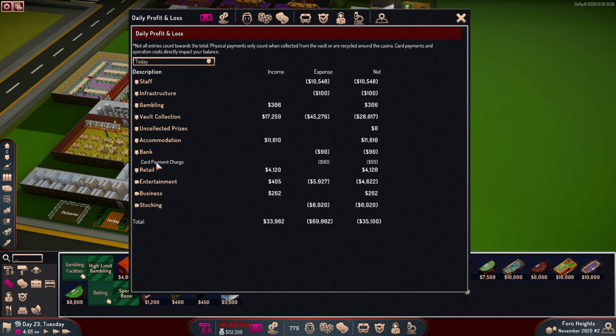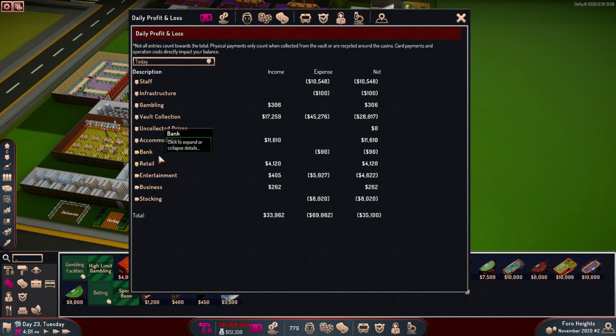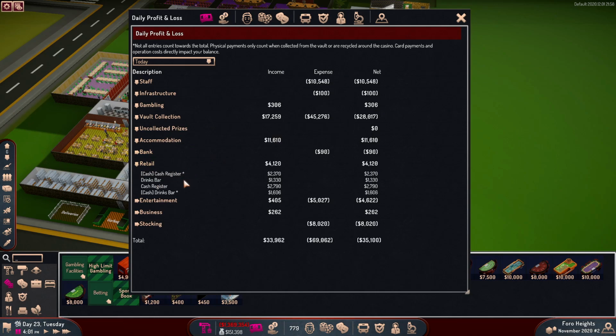All right, now bank, again, card payment fees. We already went through that. Retail stuff, same concept here. We have the drinks bar and then we have the cash register in the buffet. Drinks bar, cash register with the asterisks next to it. Same concept as with the gambling, the notes and the bingo hall.